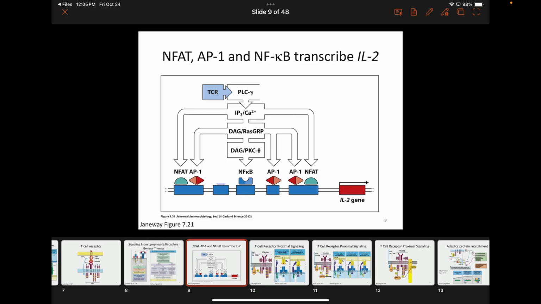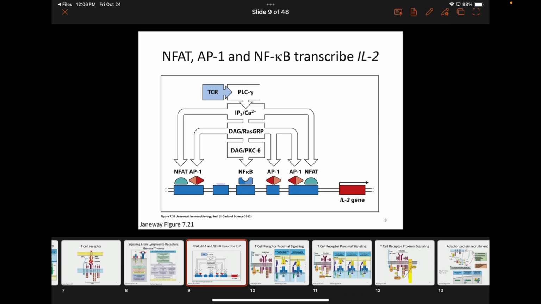And you can see this here as well. Our goal is we want to get NFAT, NF-kappa B, AP1. Yes, they are written in a different order at the top of this slide, but it's the same 3 transcription factors, and there is actually no particular order for them.